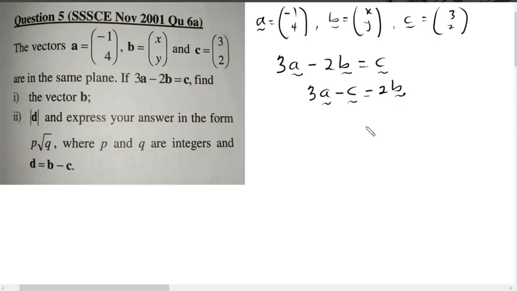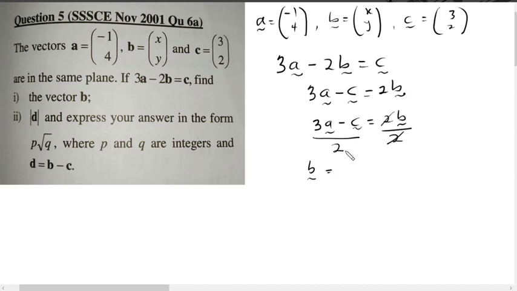All right, that is cool now. Finding vector b means I have to make vector b the subject. In other words, I have to divide both sides of the equation by 2 just to let the vector b stand alone. So 2 will cancel 2 neatly. This means vector b is equal to, let me bring the 2 out.